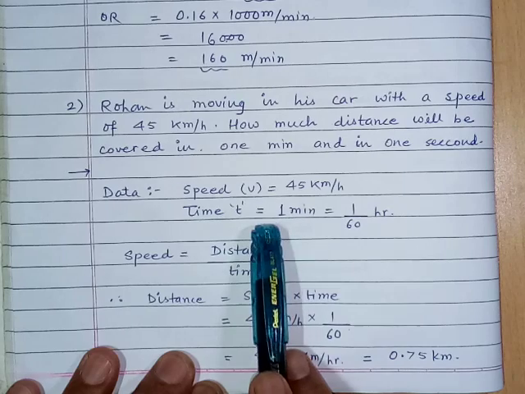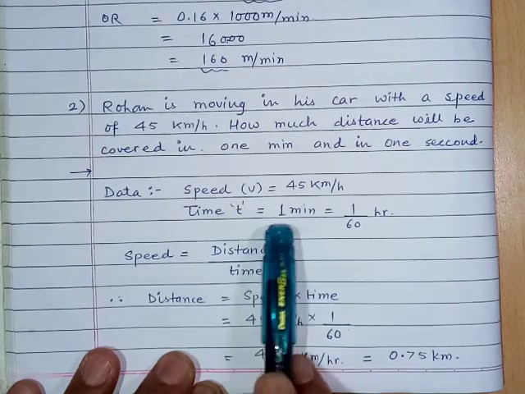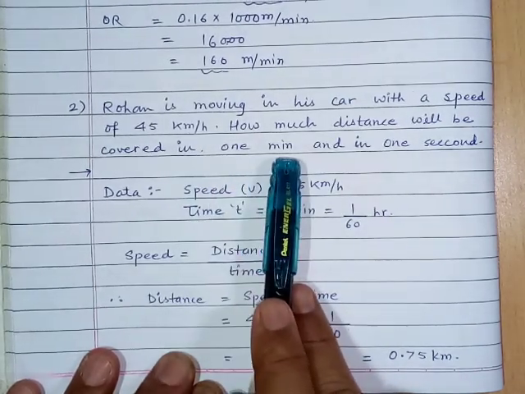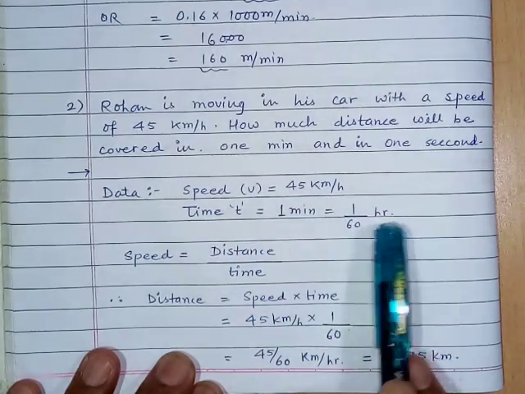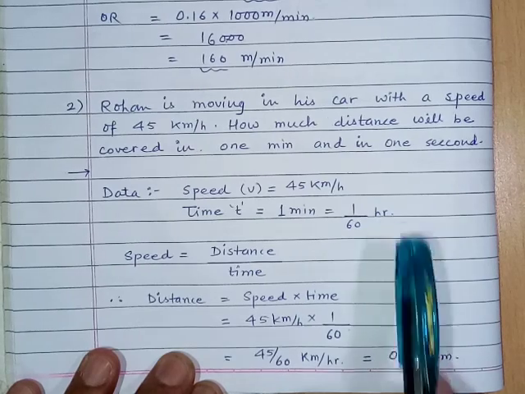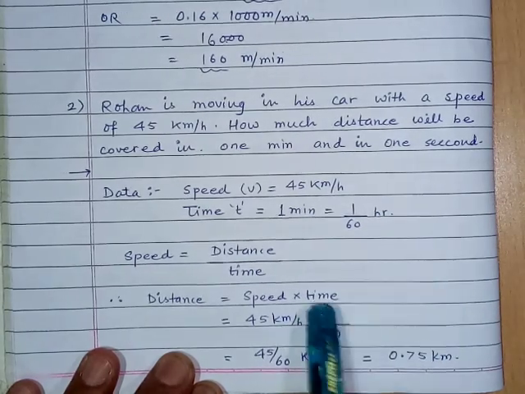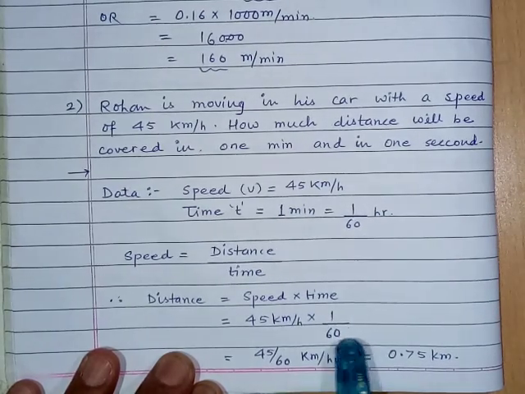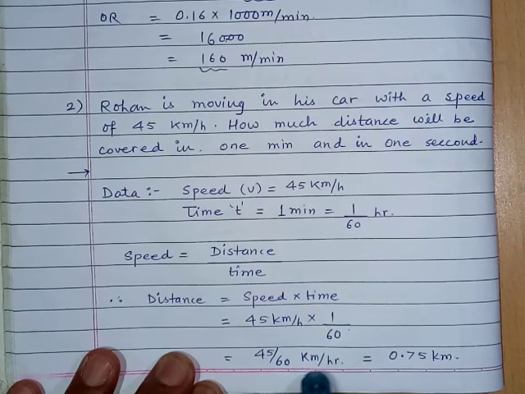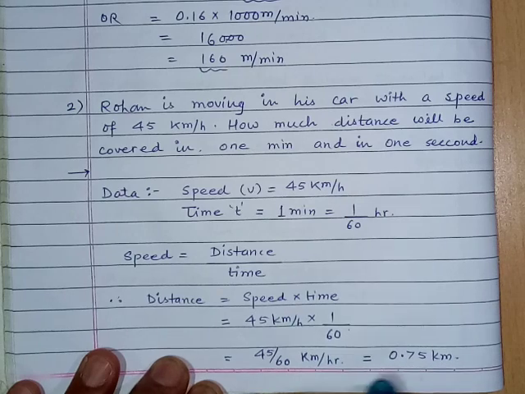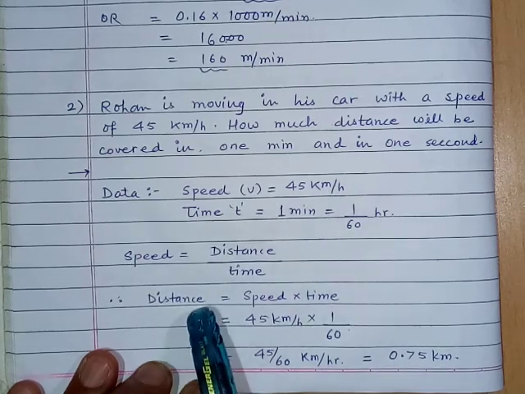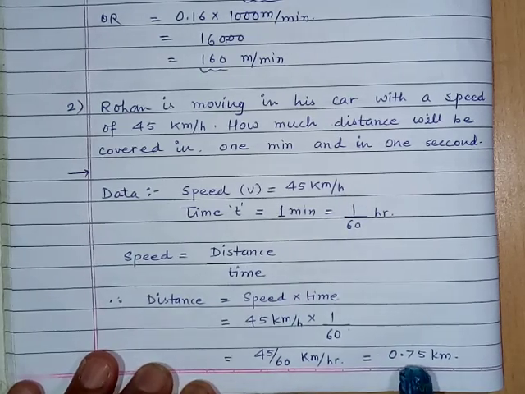Since we have been asked to calculate in 1 minute, I need to convert this into hours. So 1 minute stands for 1 divided by 60 hours, and the same time I will use over here. If I make this calculation, this comes to 45 divided by 60 km, or in other words the distance covered is 0.75 km.